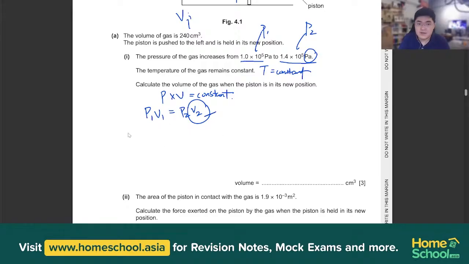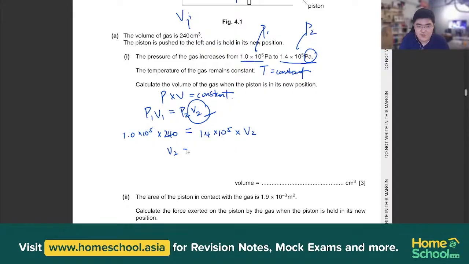So pressure 1 times volume 1. So pressure 1, 1.0 times 10 to the power of 5 multiplied by 240 cm cube equals pressure 2, 1.4 times 10 to the power of 5 times volume 2, which is in cm cube as well. So let's do a little bit of manipulation. Let's keep V2 over here, bring this over there.